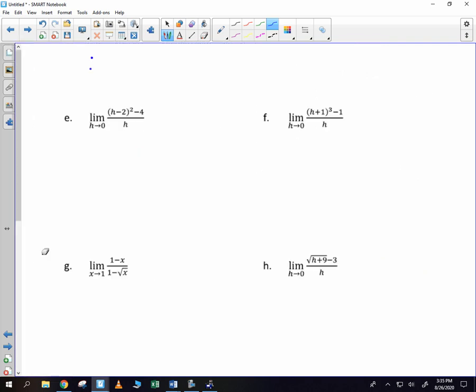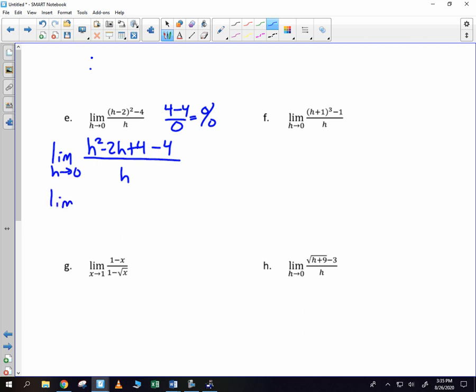Here you plug in 0, you get negative 2 squared, which is 4 minus 4 over 0, so we get 0 over 0. That's no good. So maybe we actually try multiplying that out. We get h squared minus 2h plus 4 minus 4 over h. Limit as h goes to 0. Notice what happens to the 4's.